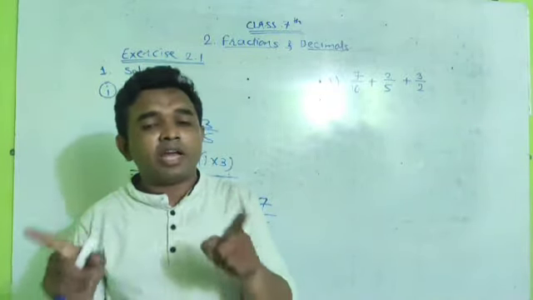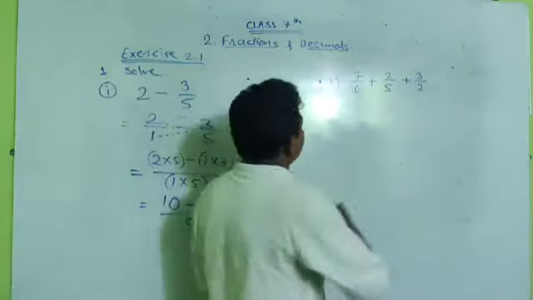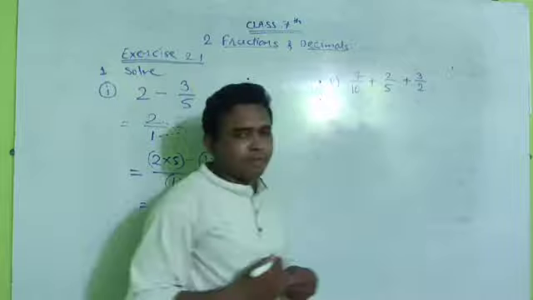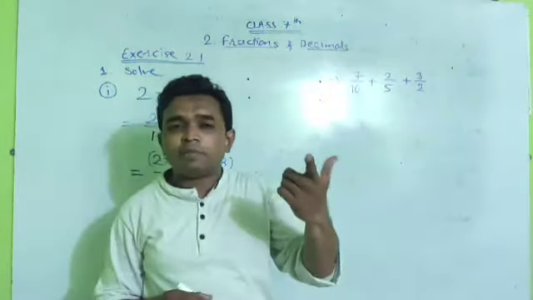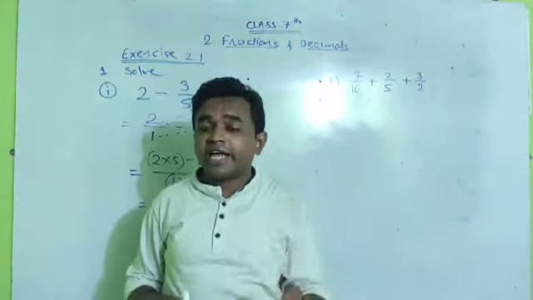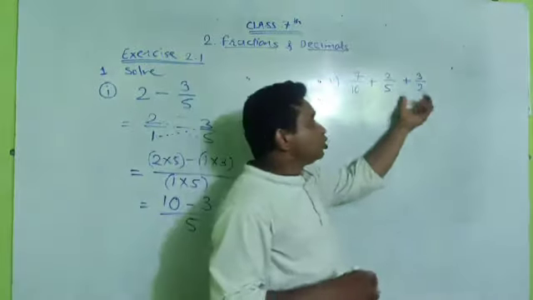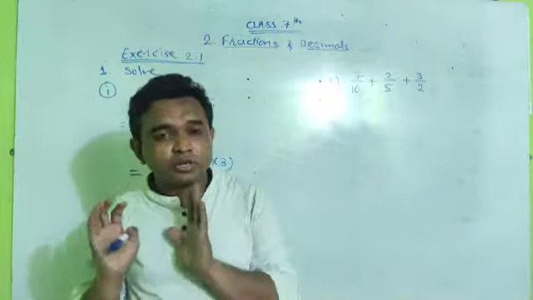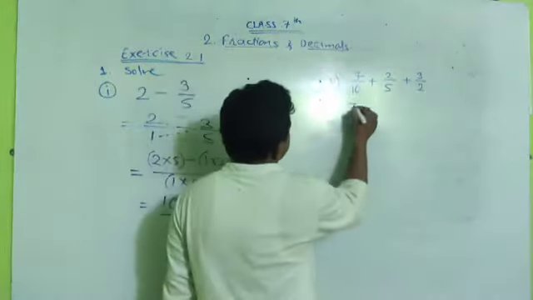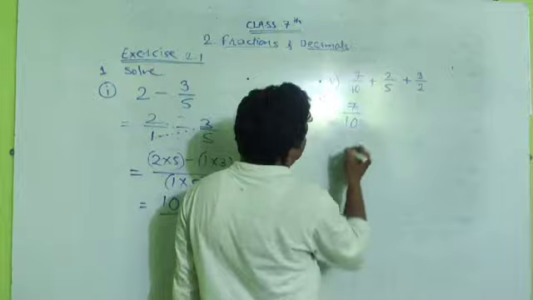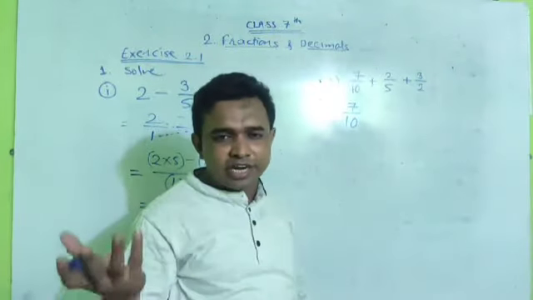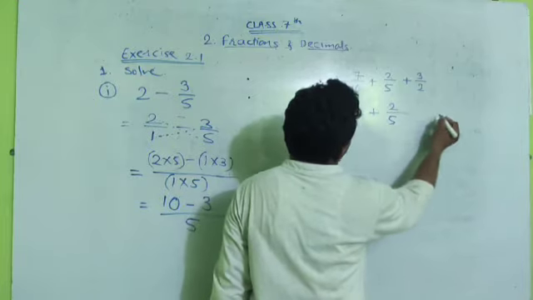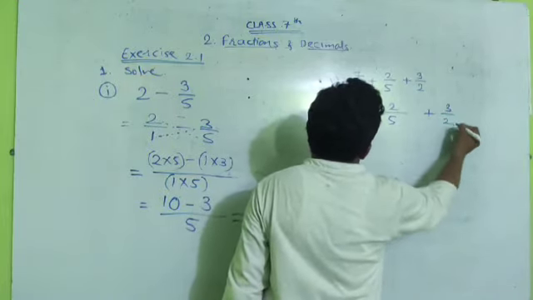Why is it possible? Here 10 is the bigger number, and 10 is a multiple of 5 and also a multiple of 2. So it is possible to make the denominators equal, and the equal value is 10. So I am writing 7 upon 10, there is no change because 10 is the greater number, and plus 2 upon 5 plus 3 upon 2.